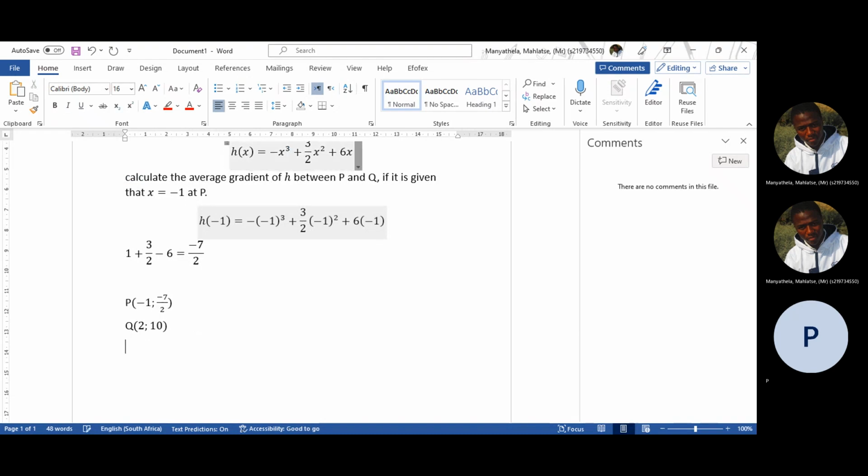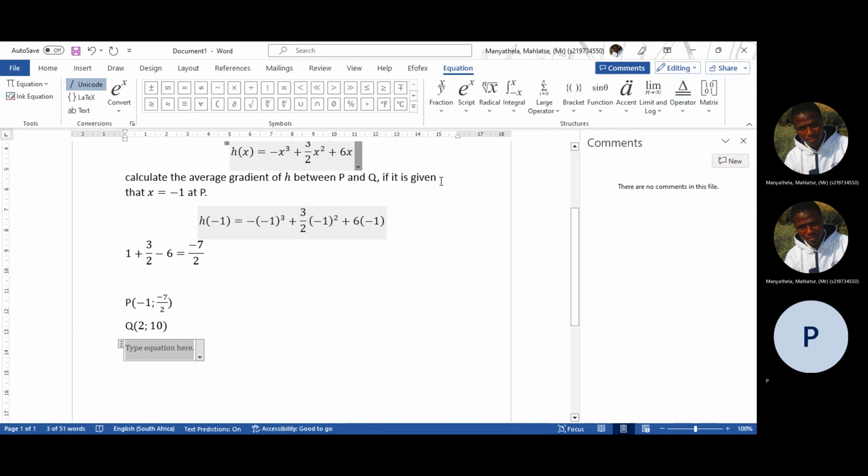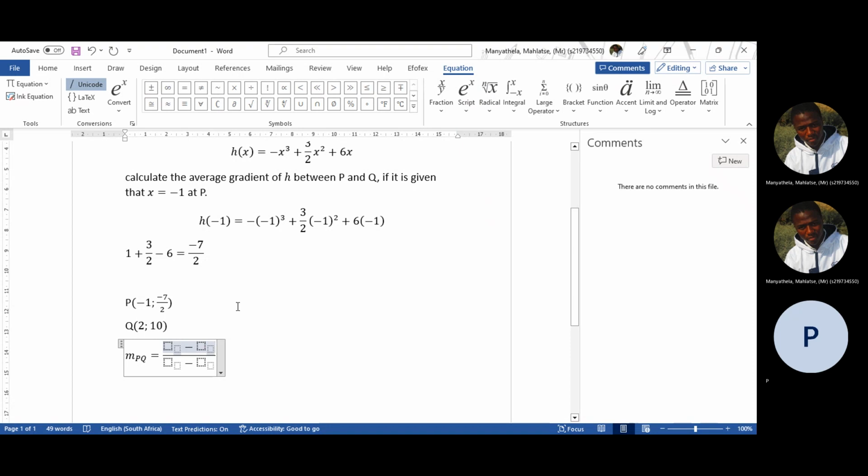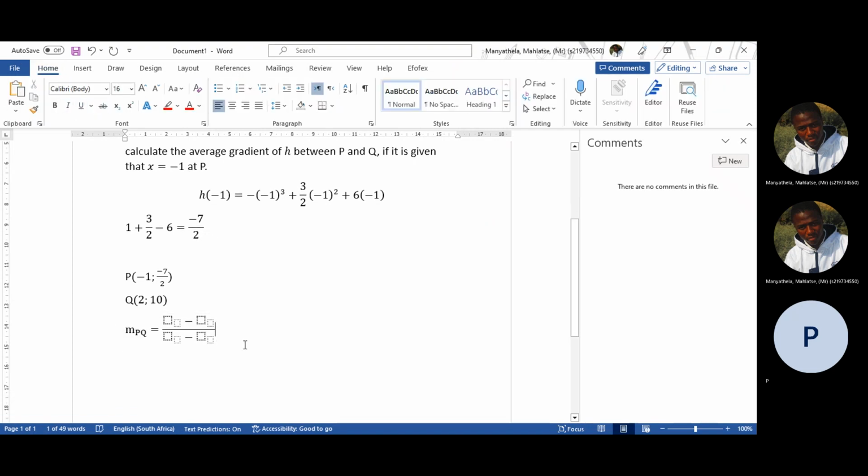Okay, let's calculate the gradient. Insert the formula for gradient. This is the formula to calculate the gradient.